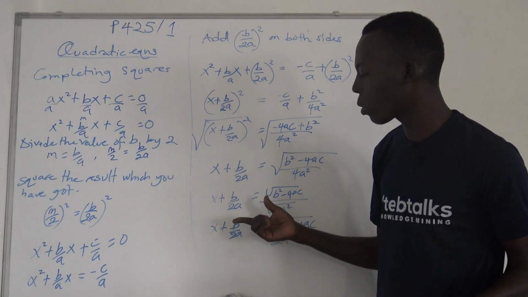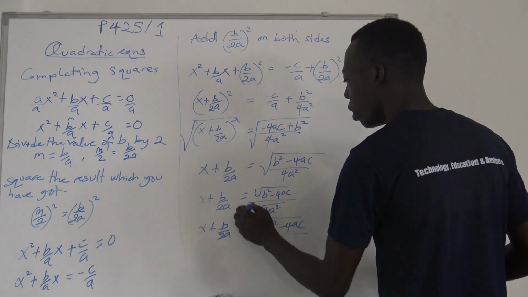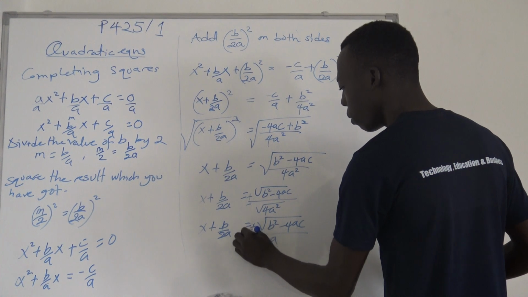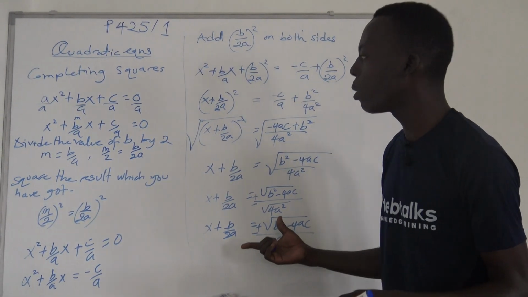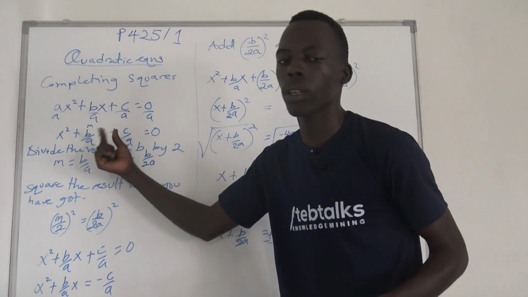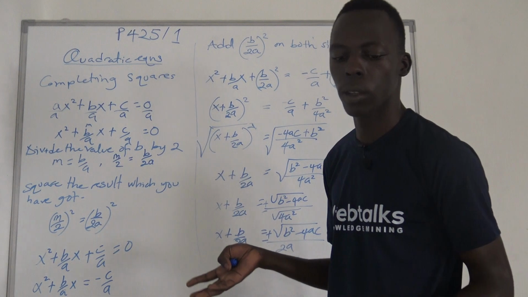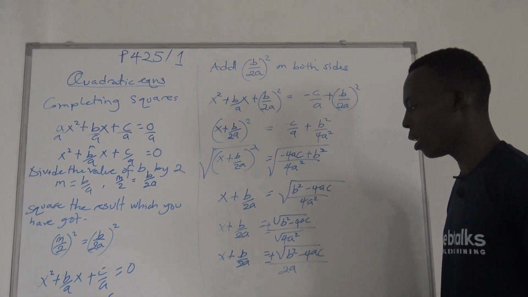Now, what we forgot is that when we take the root of any number, it is either positive or negative. So here must also be positive or negative. Because when we are solving a quadratic equation, we must have two answers, x1 and x2. That's why we apply positive and negative.